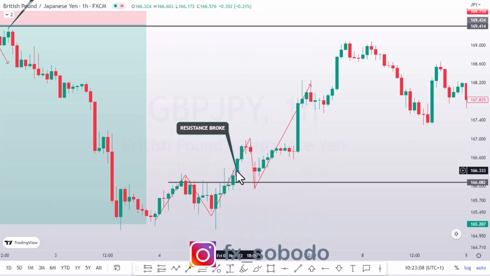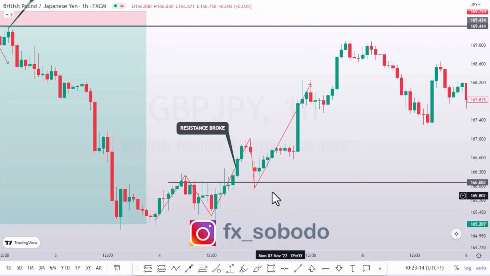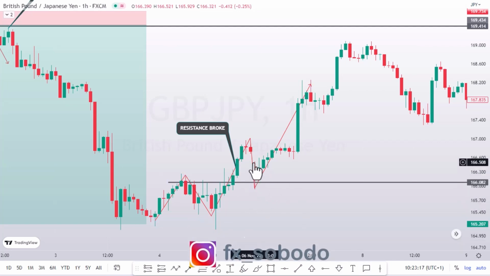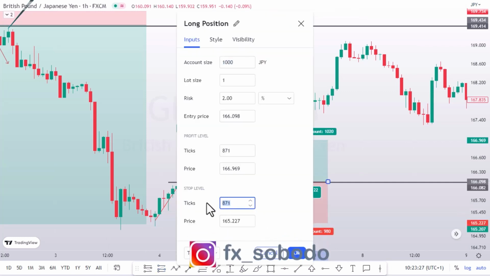Finally, what happened? Resistance got broken at this level. Then what we will do now, we wait patiently for price to retest this level. And upon price coming back to retest, as you can see, you risk nothing more than 30 pips.